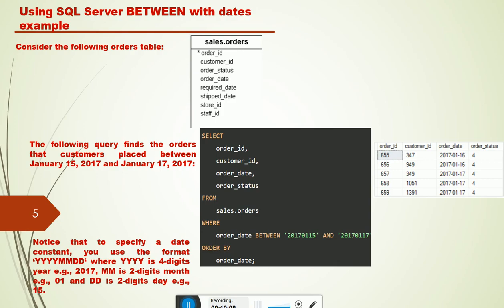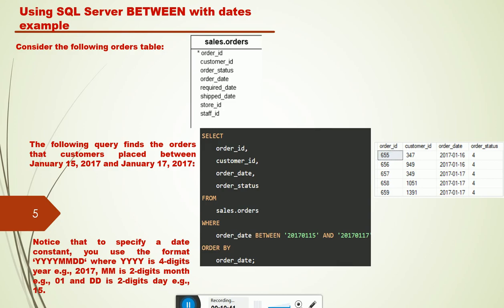Order by order date. See here, order ID, customer ID, order date, and the order status. It will retrieve all the orders whose date is between January 15, 2017 and January 17, 2017.